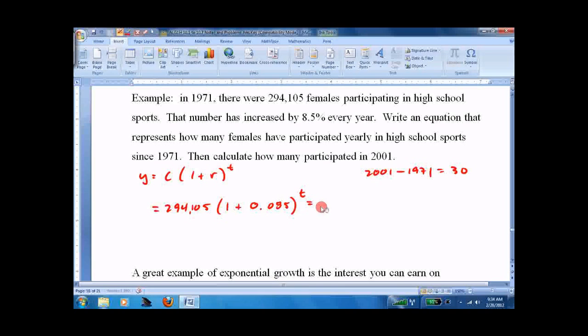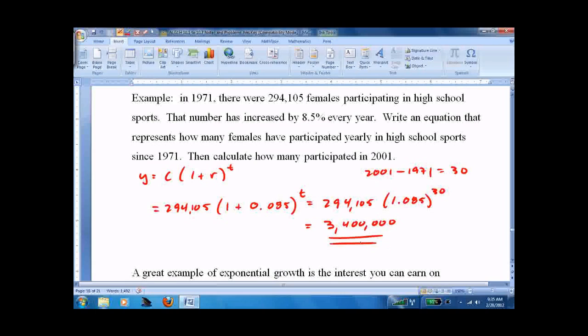That'll tell us how many athletes there are in the year 2001. And punching it in the calculator, I get 3,400,000.